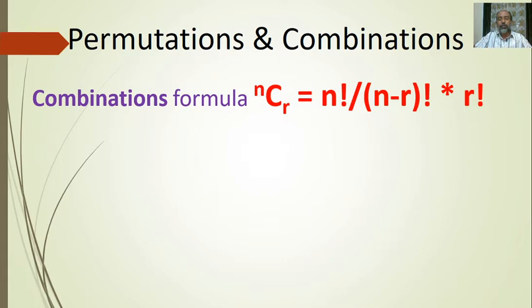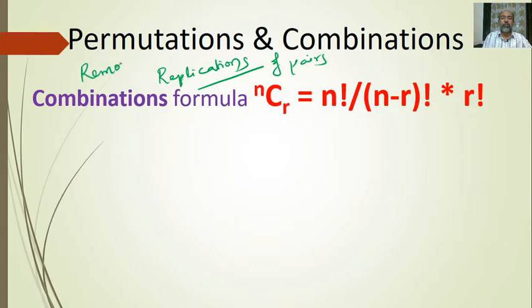In combinations, we remove the replications of the pairs, so that only one of each pair is available. So the formula is called nCr.